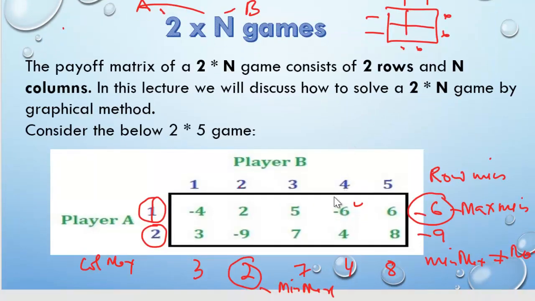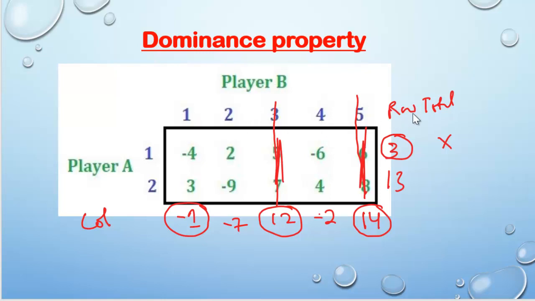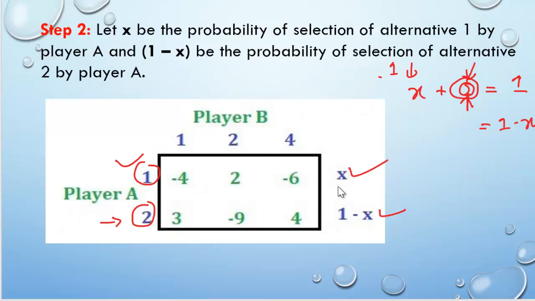Before we apply it, we reduce the size of the matrix by the dominance property, checking row and column dominance, and remove rows and columns if we can. Then this is my reduced matrix. Then take x as the probability of choosing the first strategy by player A, and 1 minus x as the probability of choosing the second strategy by player A.